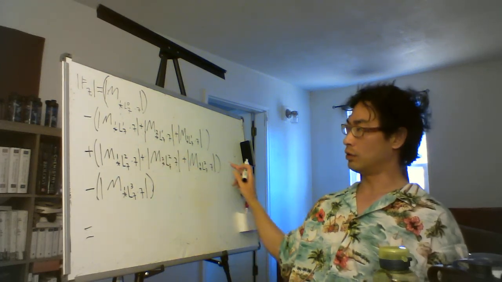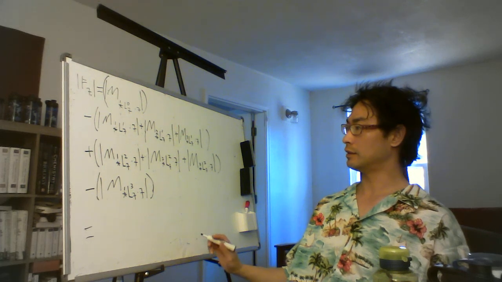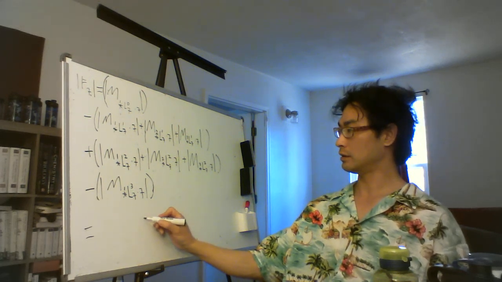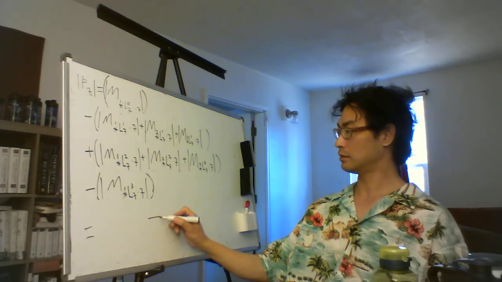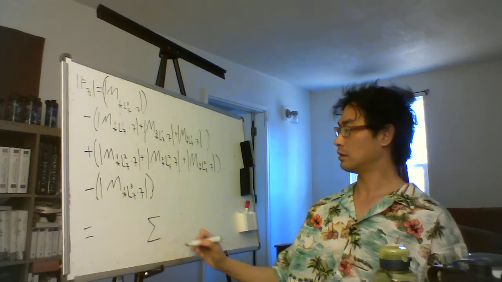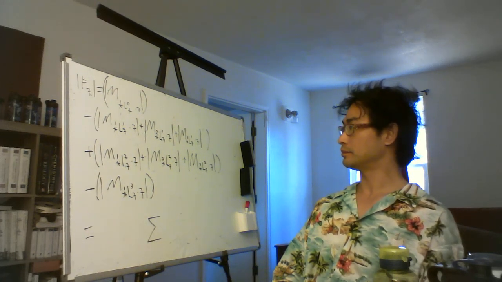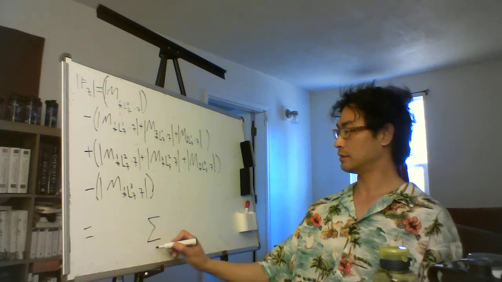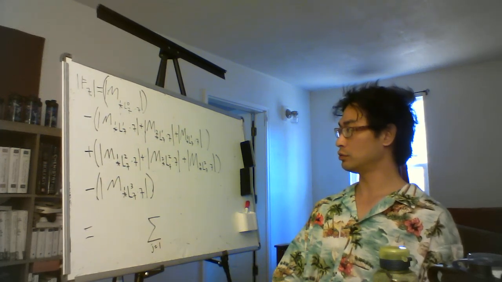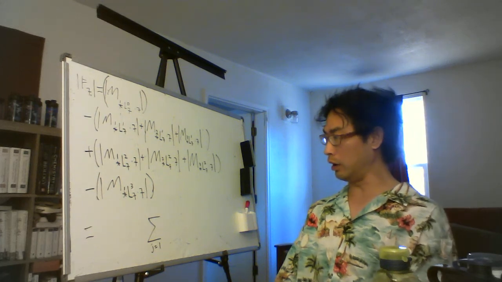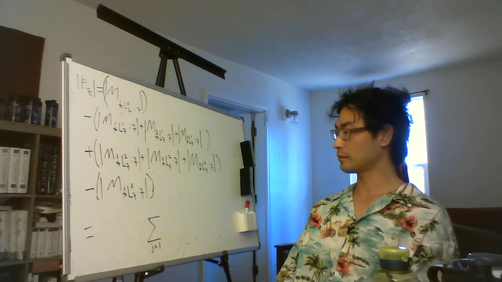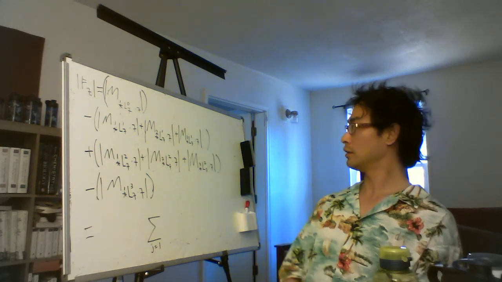In a given row, you have sigma j from 1 to 3, in a given row.